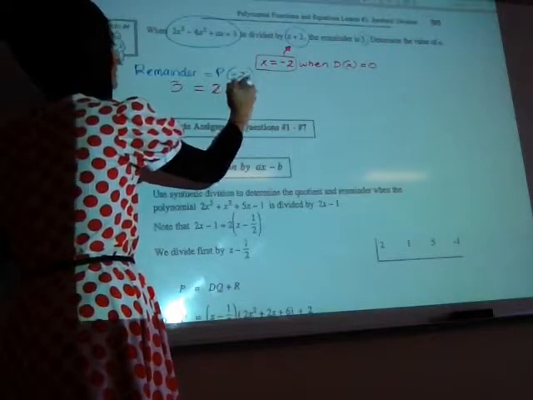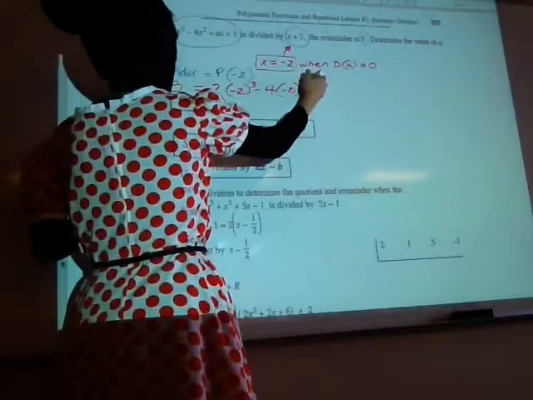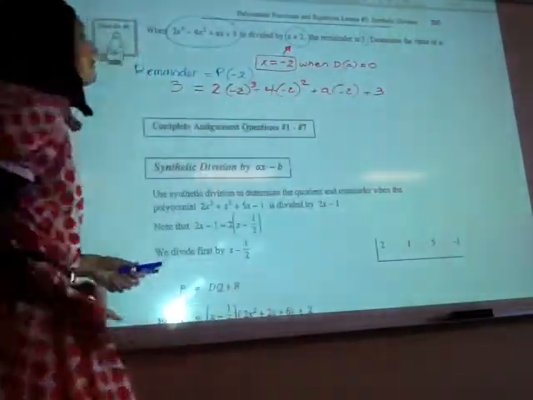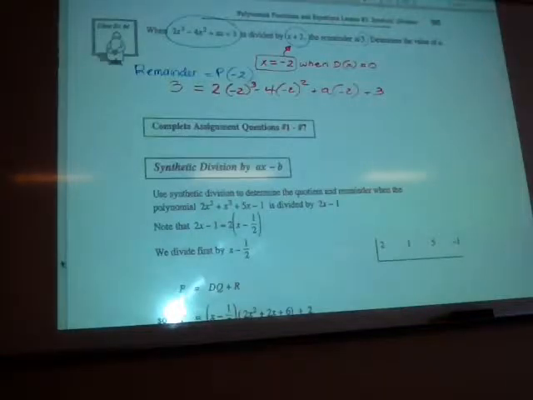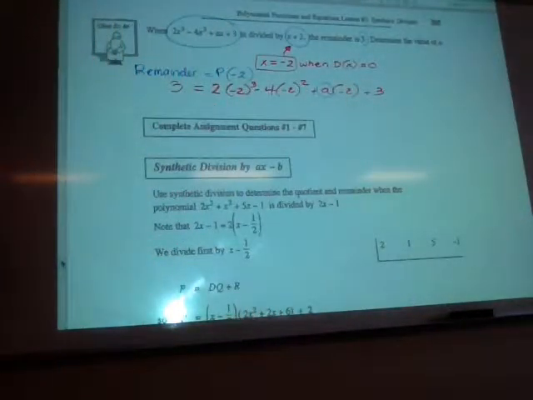So 2 times -2 cubed minus 4 times -2 squared plus a times -2 plus 3. So we're multiplying through a bunch of values, and we have one unknown, an a. So solve for a. I'll just give you a moment to do that.